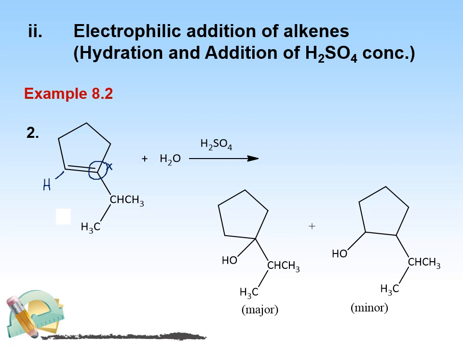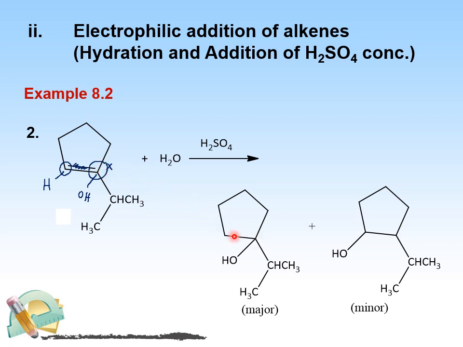Yes, the major product is when you have OH attached here and hydrogen attached here, because we are going to remove this double bond. So basically, this is the major product because H is attached to the carbon that has more H. OH is attached to the carbon that has no H at all.